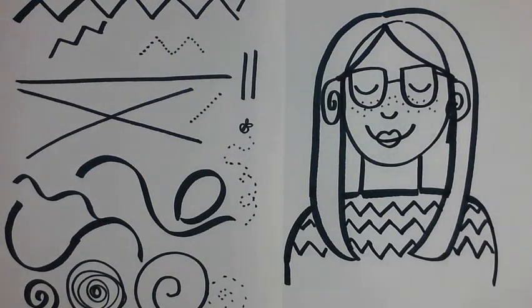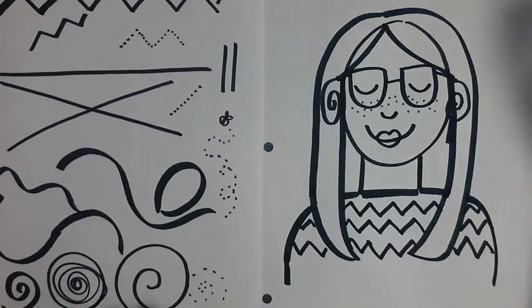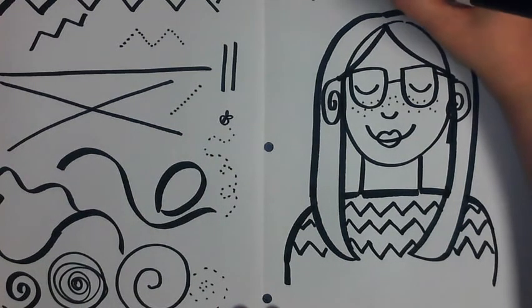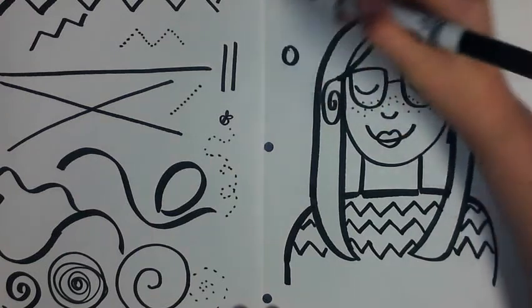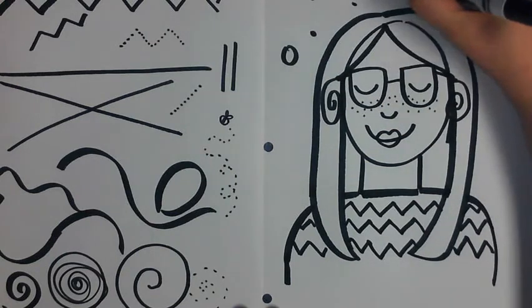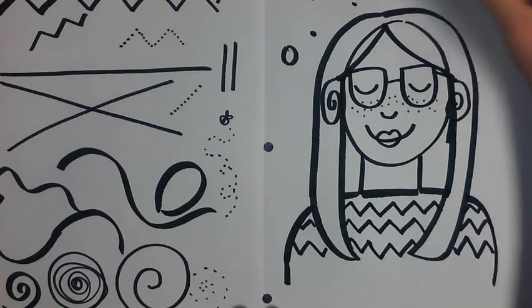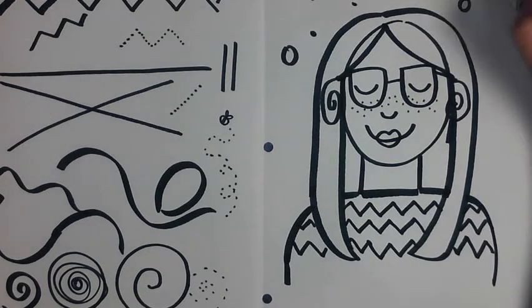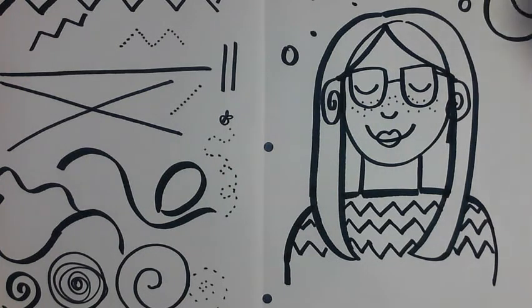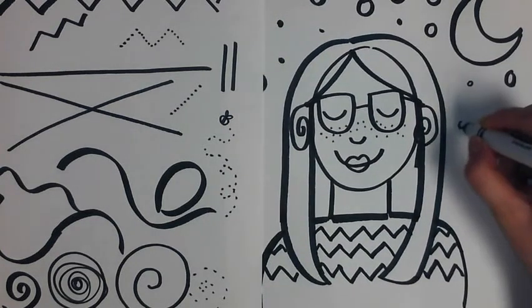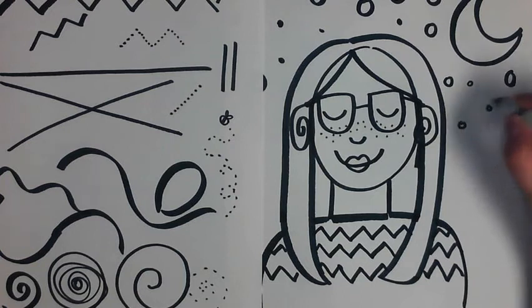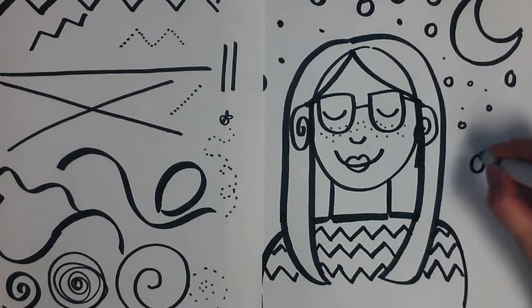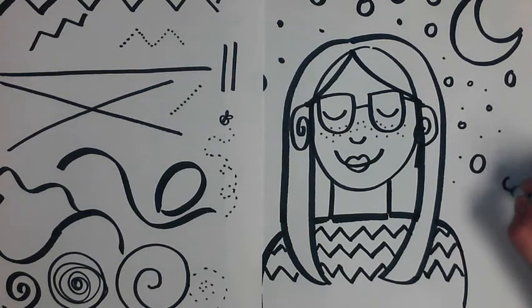I could also add some dotted lines or dots maybe in the background. So don't forget to fill up the space in the background. As I'm drawing this, kind of looks like the night sky, so maybe I'll add a moon. Make some of my dots in the background, my stars, make them a little bigger, make some a little smaller, because not all stars are the same size.